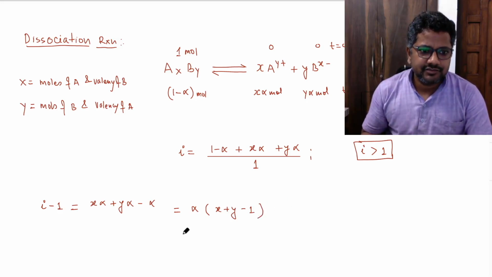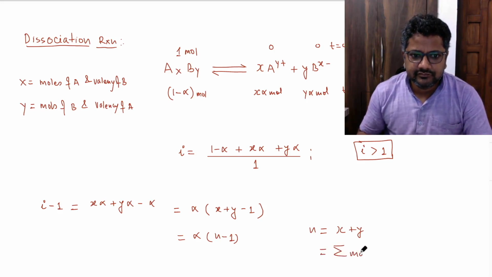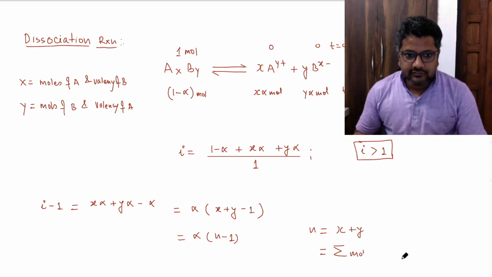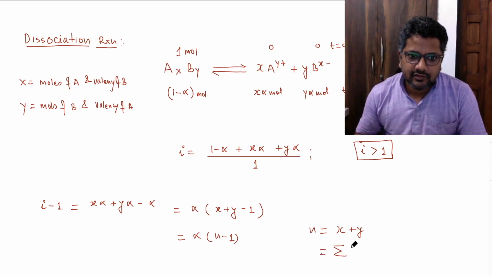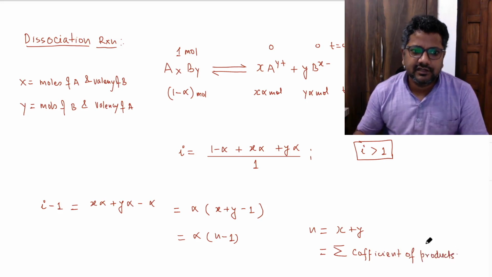So you can write i minus 1 equals alpha times (n minus 1), where n is equal to x plus y, or the sum of coefficients of products, right?